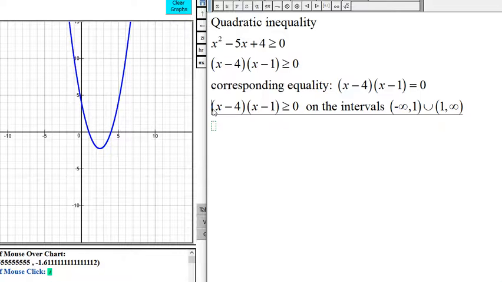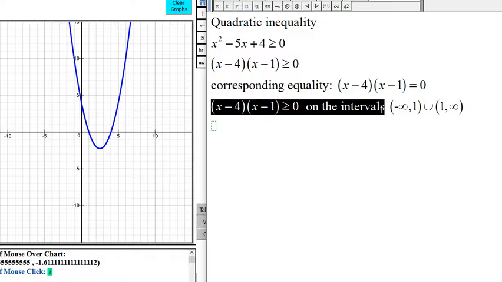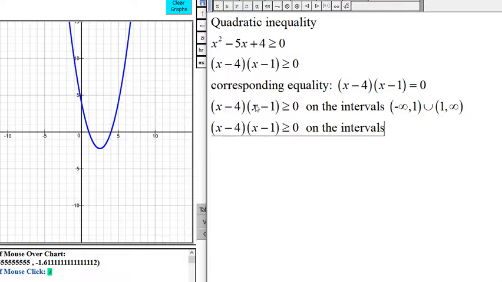And it also says that x minus 4 times x minus 1 is less than 0 on the interval from 1 to 4.